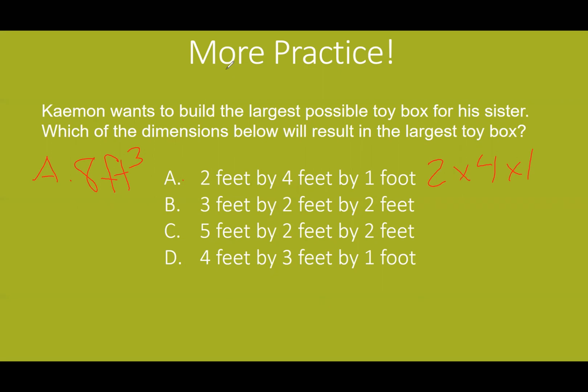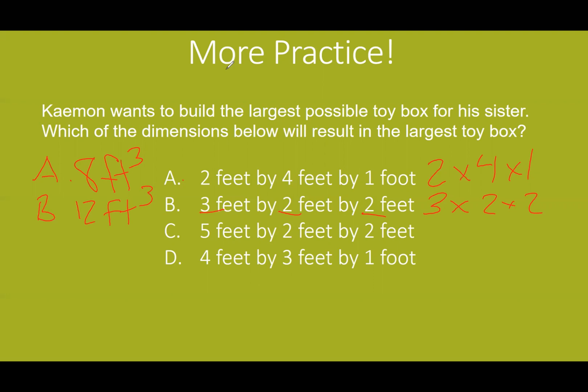Let's look at B. We have 3 feet by 2 feet by 2 feet. And we know that 3 times 2 is 6, and 6 times 2 is 12. So option B is 12 feet cubed, or 12 cubic feet.